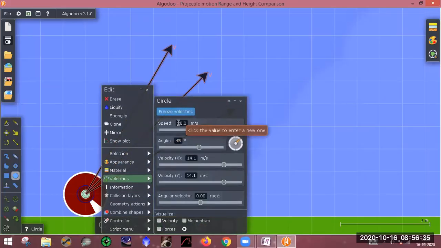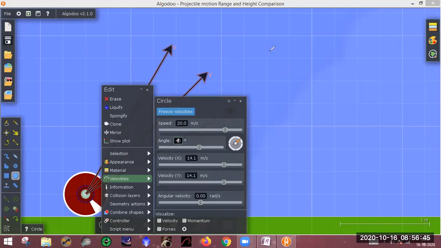All the 3 have the same speed, but this one has angle 45. So let's write that here as well. The first one had angle 30 degree. The second one has angle 45 degree. Now there's a third one also, which is hiding behind this.